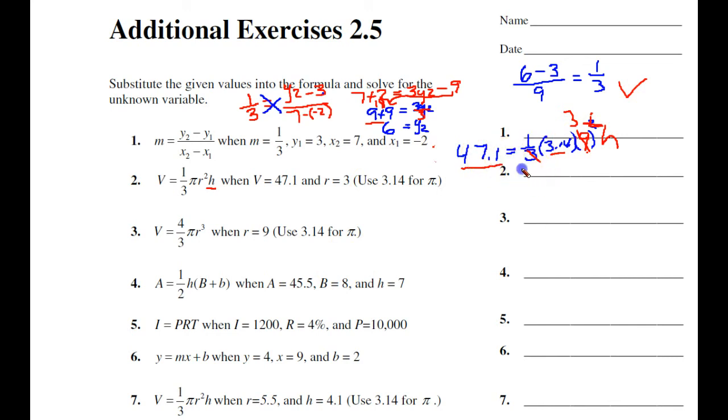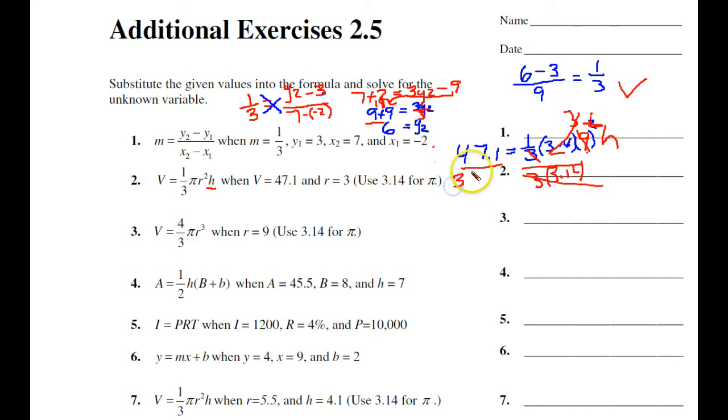7.1, which will be divided now by 3 times 3.14. Now, this will cancel out here, and we just have to divide this side now by whatever 3 times 3.14 is, and I can put that in my calculator.